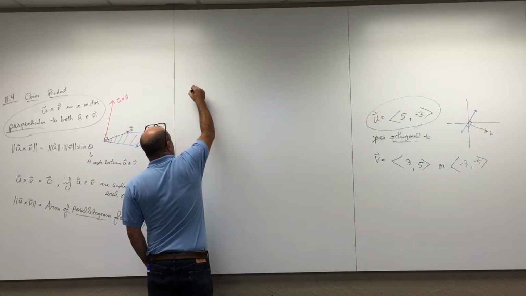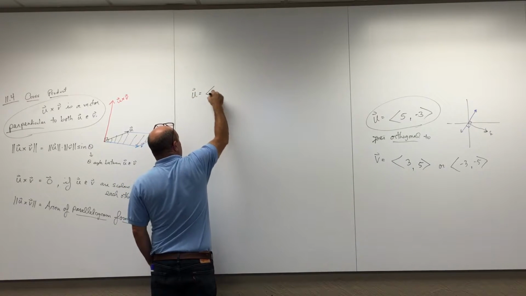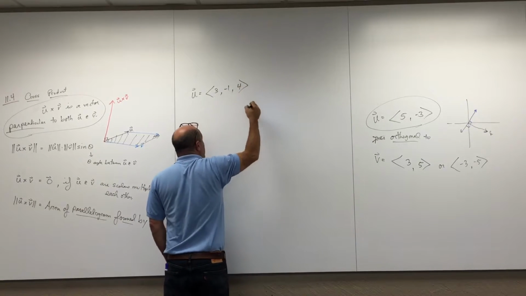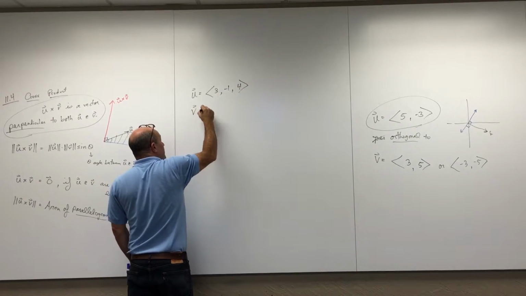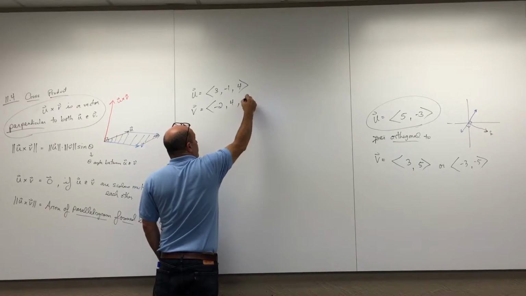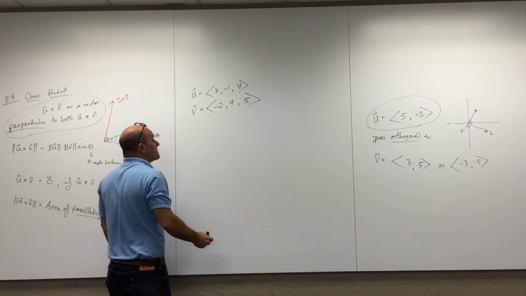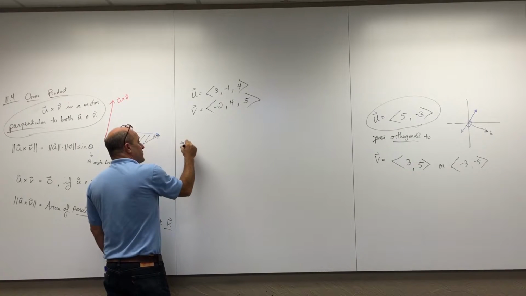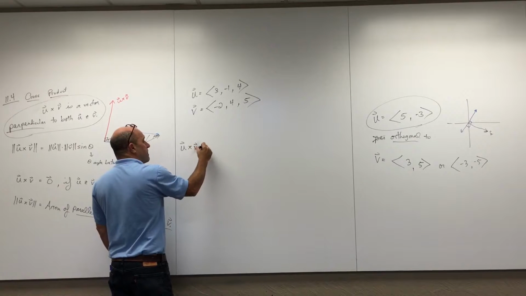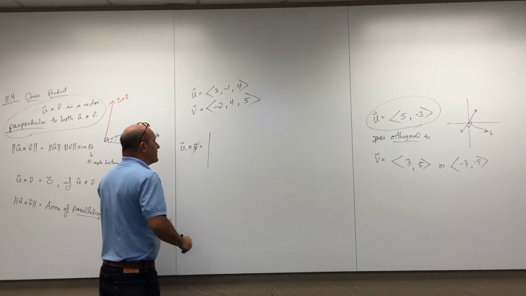Here we go. I'm going to do a real problem. If I give you a vector u, 3, -1, 4, and I give you a vector v, -2, 4, 5, okay? If I want to do their cross product, u cross v, then here's what I do.